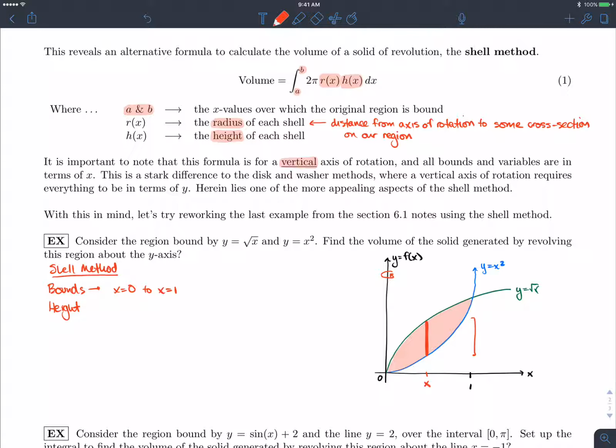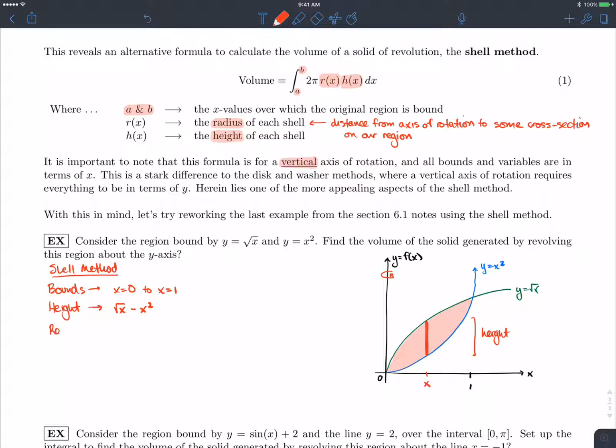So it's bound on top by the square root of x and bound below by x squared. So kind of think back to finding area between curves before we started this new chapter. It's going to be the top curve minus the bottom curve on that region.